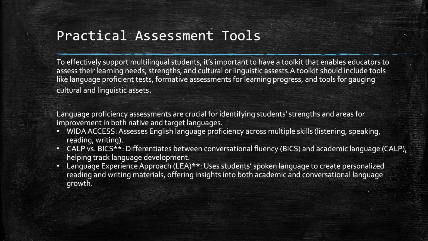Language proficiency assessments are essential in identifying students' strengths and areas for improvement in both their native and target language. Tools such as WIDA assess English language proficiency across multiple skills.